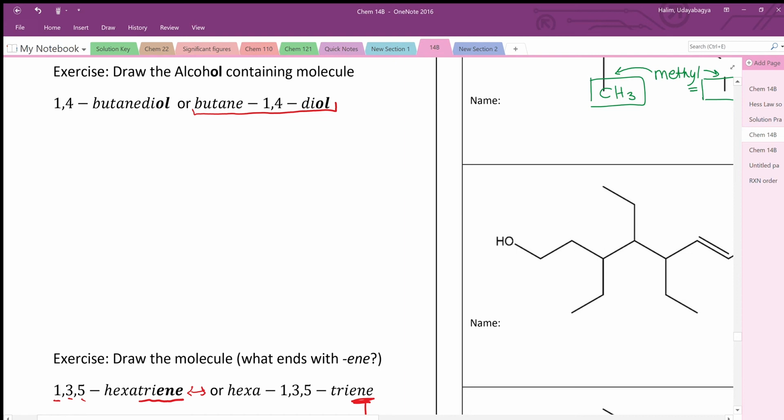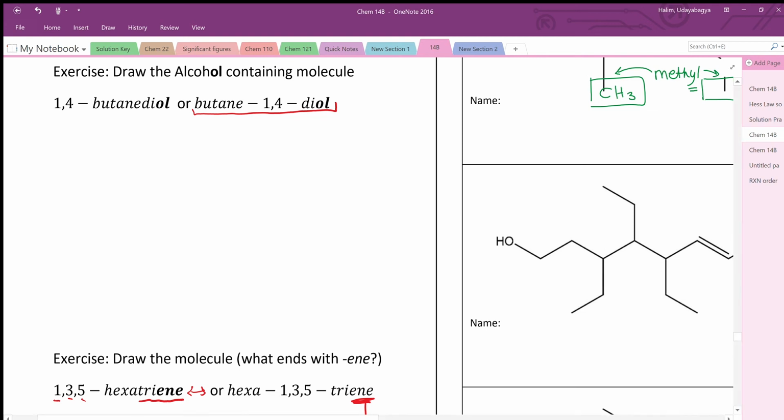Butane is 4. Yep, that looks right. Alcohol is OH, right? So you want to put the alcohol. It looks to me that there's only 2 carbons, so you have to give it a bit more. Almost. We're missing, it's a diol, so there's 2 alcohols in position 1 and 4.